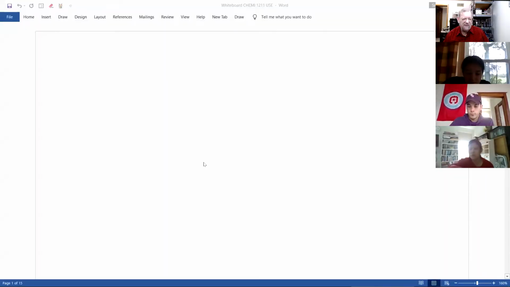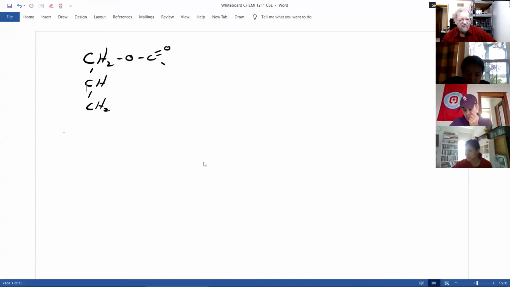If we think about a fat or oil, a triglyceride, it has this structure. So how do I make it real world?